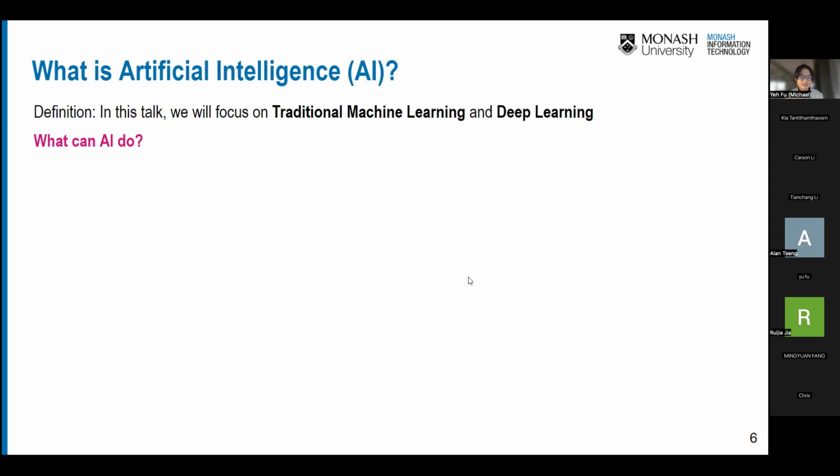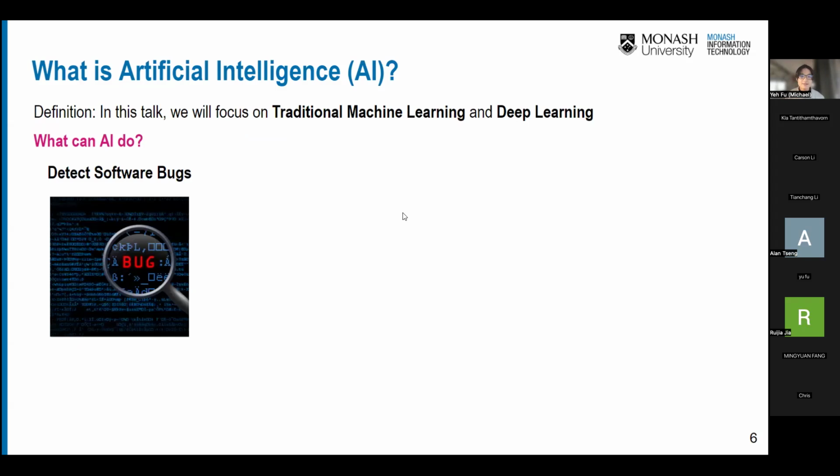So let's first look at what AI can do. Basically, in the software engineering context, it can detect software bugs. How we achieve that is we collect software metrics as features and use a machine learning model to predict whether a software project has bugs or not.